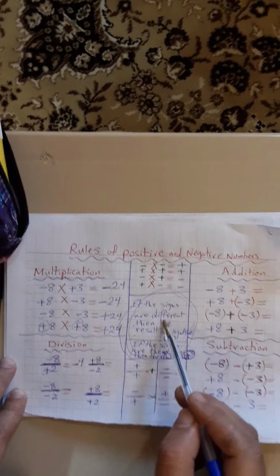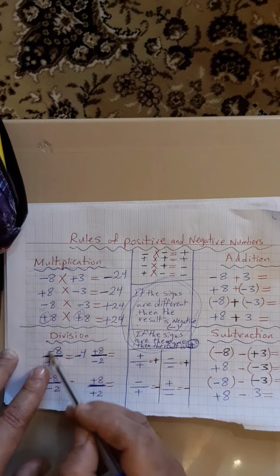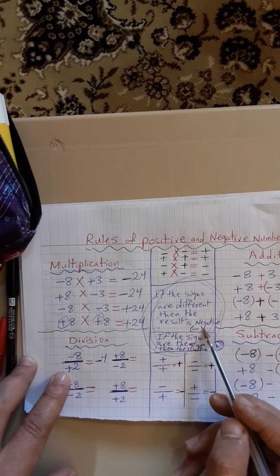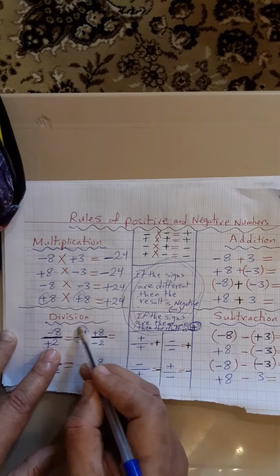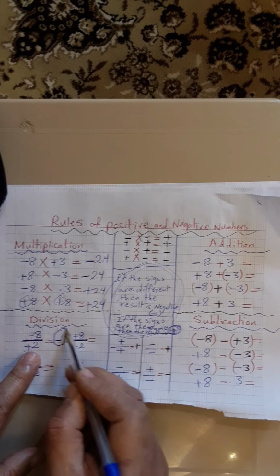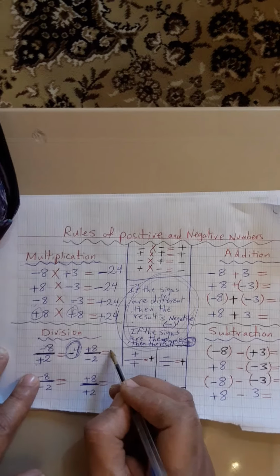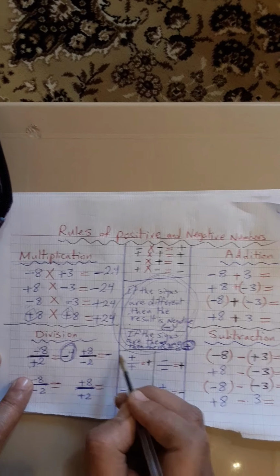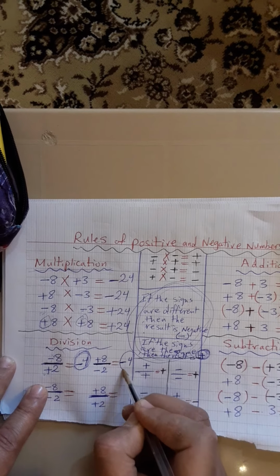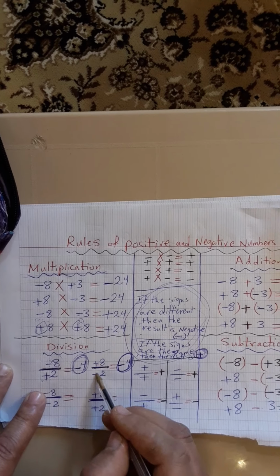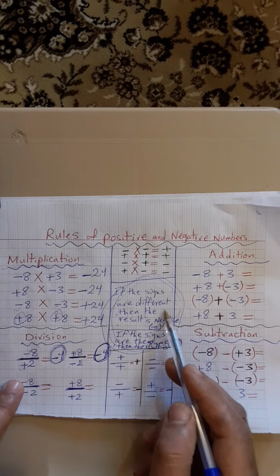If the signs are different, then the result is negative. Minus over plus, the result is negative. The sign of the result is minus, so the result is minus 4. We can say plus 8 over minus 2, the sign of the result is minus, and the result is minus 4, because the signs are different.